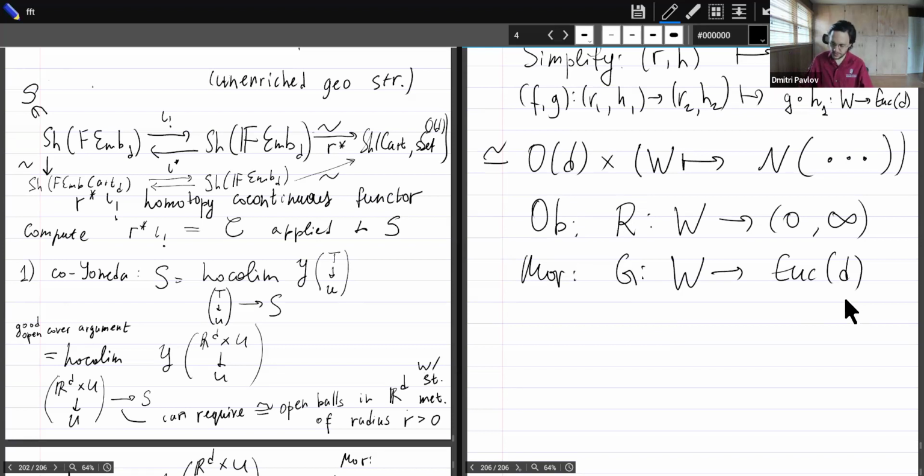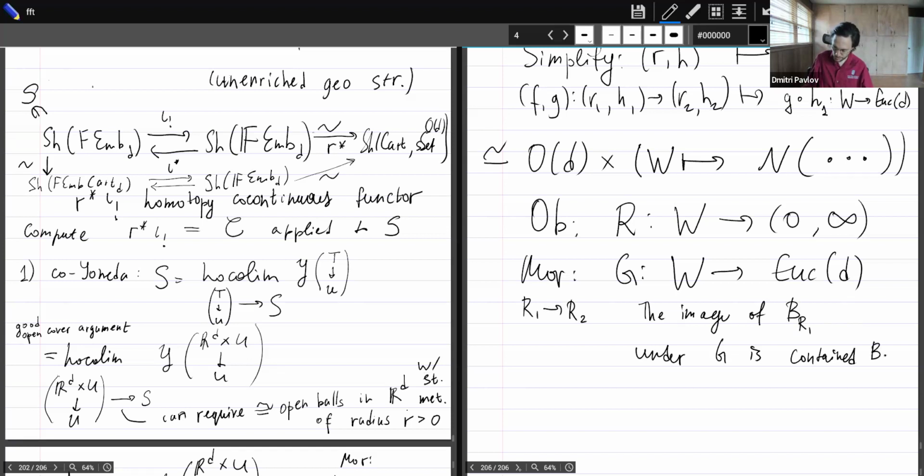And of course, don't forget about restrictions on morphisms. So G is a morphism from R1 to R2. And you require the usual image condition: the image of the ball of radius R1 under G is contained in the ball of radius R2.